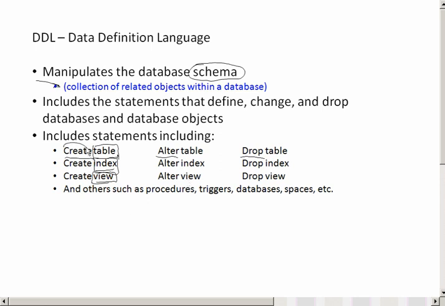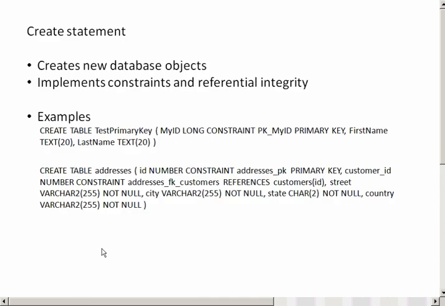So we talked a little bit about the create statement, the alter statement, and the drop statement, and the role that they have. And what we're going to do next is look at each of these in a little bit more detail. So I want to look first at the create statement. We've already defined that it creates new database objects such as tables, views, etc. But another important function that it has is that it implements all the constraints and referential integrity.